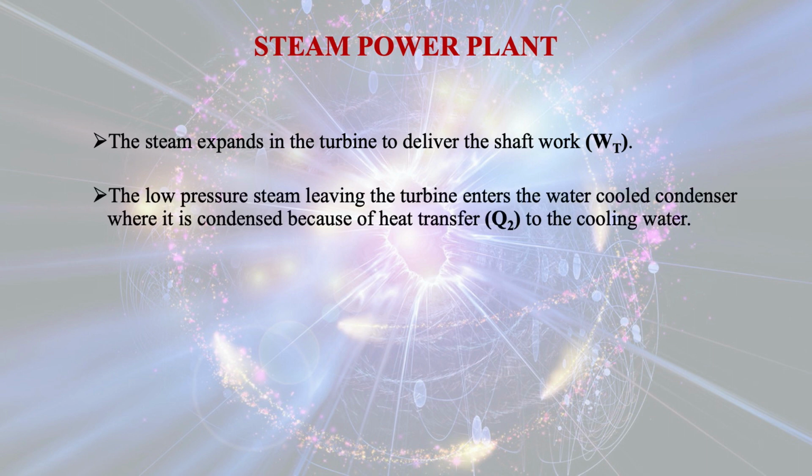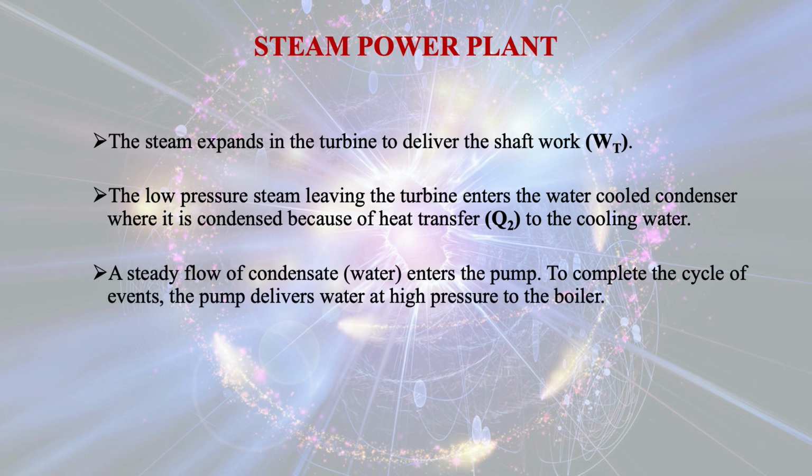The low pressure steam leaving the turbine enters the water-cooled condenser, where it is condensed because of heat transfer Q2 to the cooling water. A steady flow of condensate, that is water, enters the pump to complete the cycle of events.